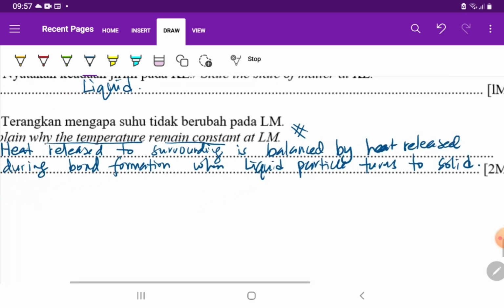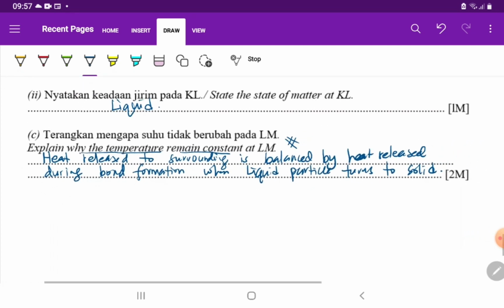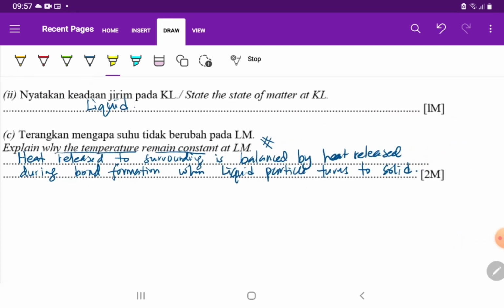You have to mention two things. First, heat released to surrounding. Second, balanced by heat released during bond formation when the liquid particles turn to solid.